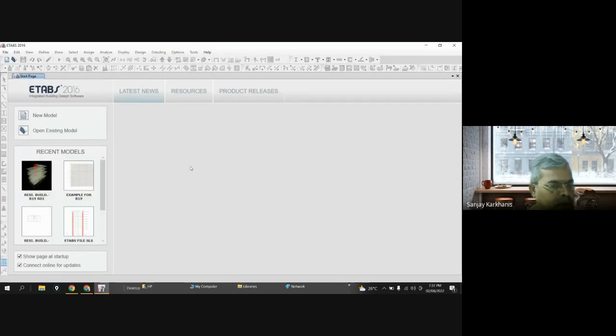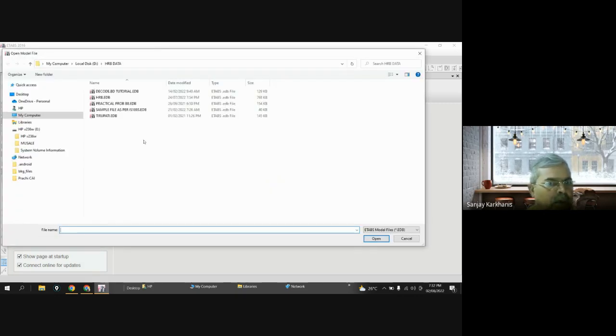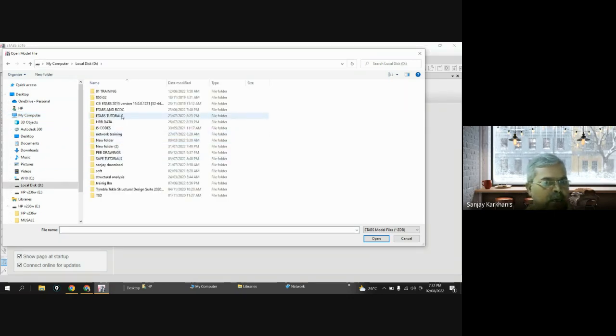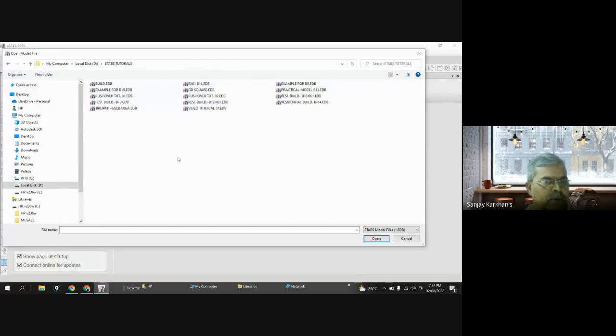And we have the model, let's say open existing model. So we had the model where we left it. Let me go to my computer, then D drive and ETABS.